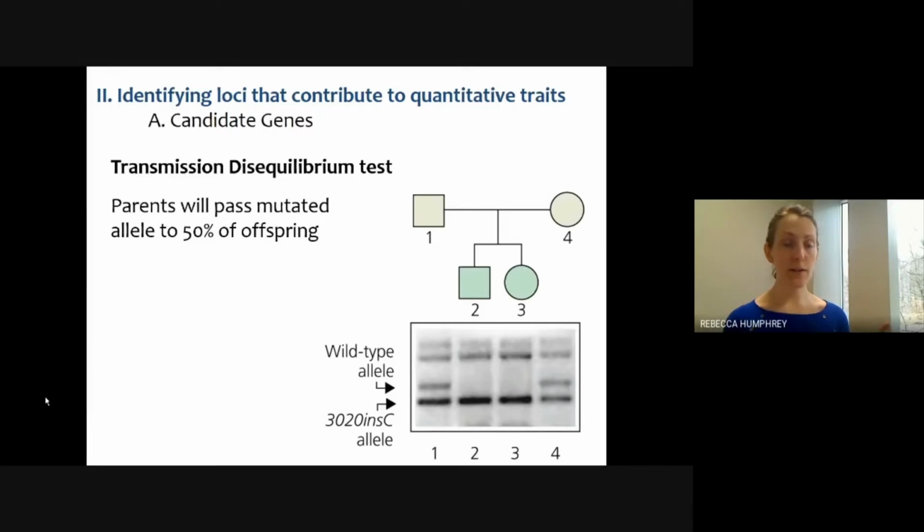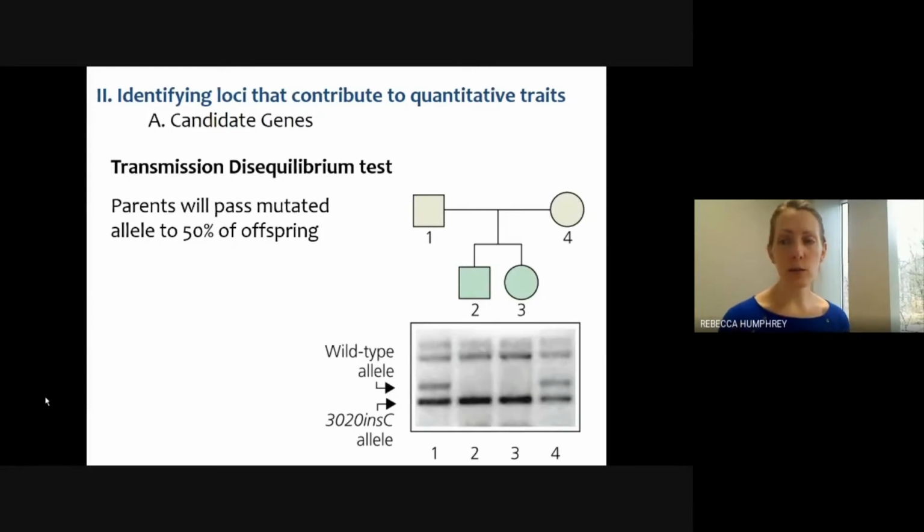So parents that are heterozygous, we know that they're going to pass this allele to 50% of their offspring on average, right? If they only have 2 offspring, you know, odds, coin flipping, right? But on average, among all heterozygous parents, 50% of the time, they're going to pass this mutated allele to their offspring, okay?